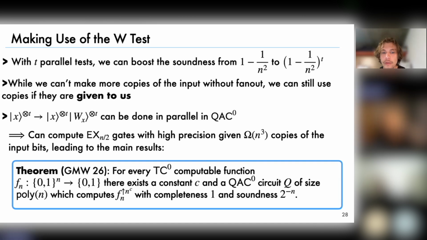What we can do is check in QAC0 if it's of the right form, like doing an equality check on each of the different blocks. After having done that, we essentially have n squared copies of the input bits, since there's this underlying block that the big string should consist of. Once we check it's of that form, we can run our parallel tests. Yes. Thank you.